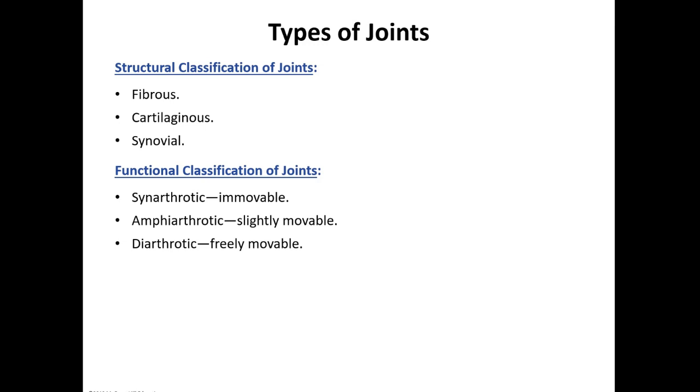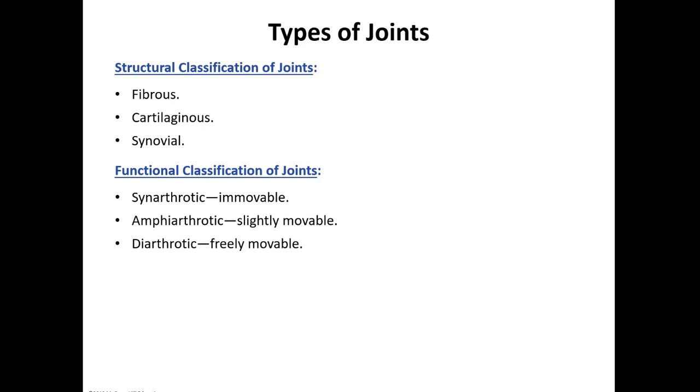Now, based on the type of connective tissue you find at that joint, the joint can be movable, slightly movable, or freely movable. If that joint moves freely, then that joint type is obviously synovial.